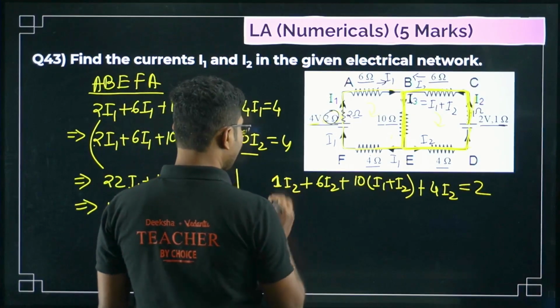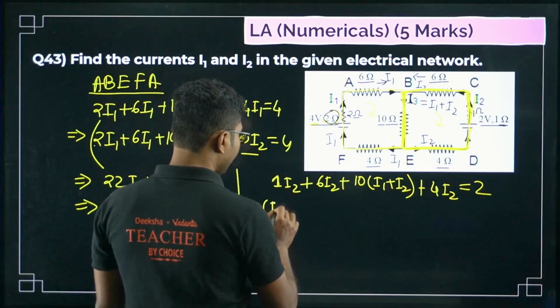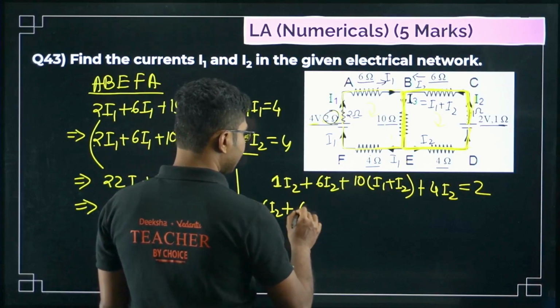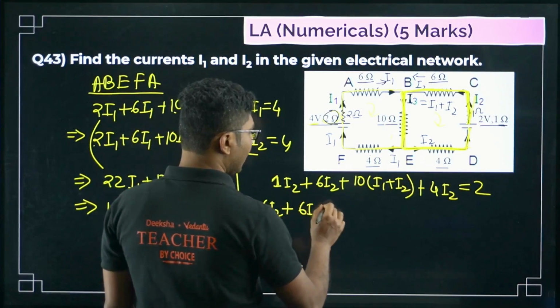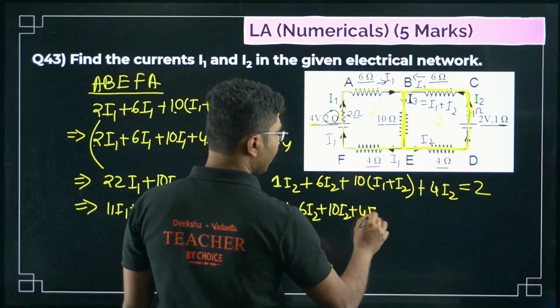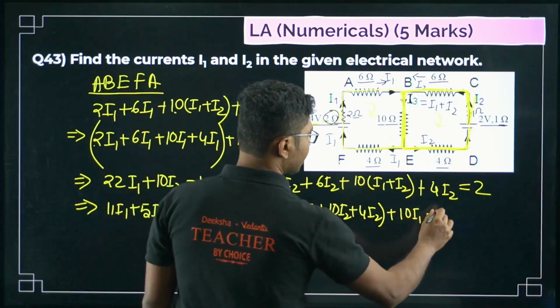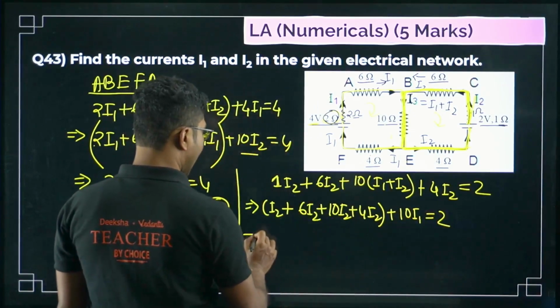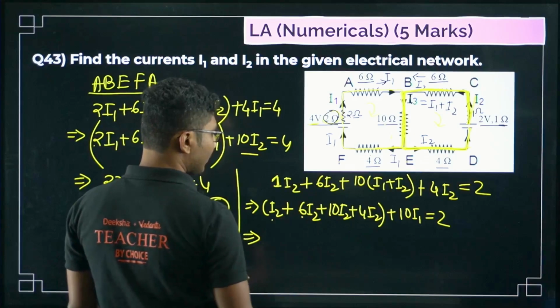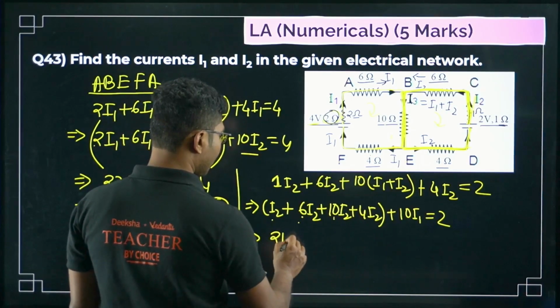So 1I2 is basically I2, so I2 plus 6I2 plus 10I2 plus 4I2 plus 10I1 equals 2. Now you add them: 6 plus 1 is 7, 7 plus 10 is 17, 17 plus 4 is 21.